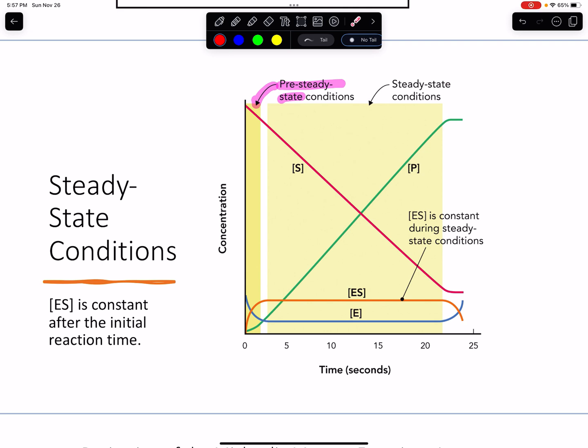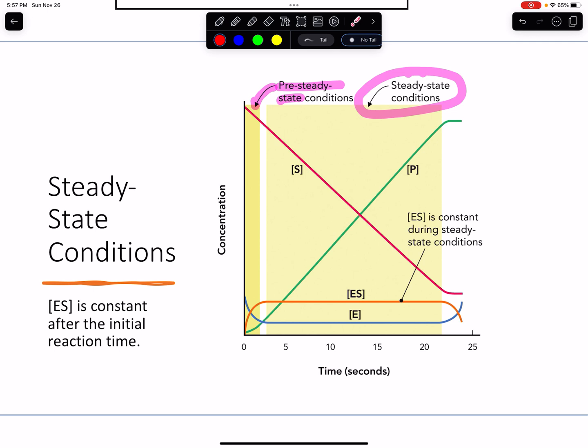Now, in the steady state approximation, these steady state conditions, what we're assuming is that the amount of free enzyme has hit a point where it's not going to change, and the enzyme-substrate complex stays relatively constant, because as soon as product is released, another enzyme molecule can pick up another substrate molecule, because there's so much substrate around at this point in time.